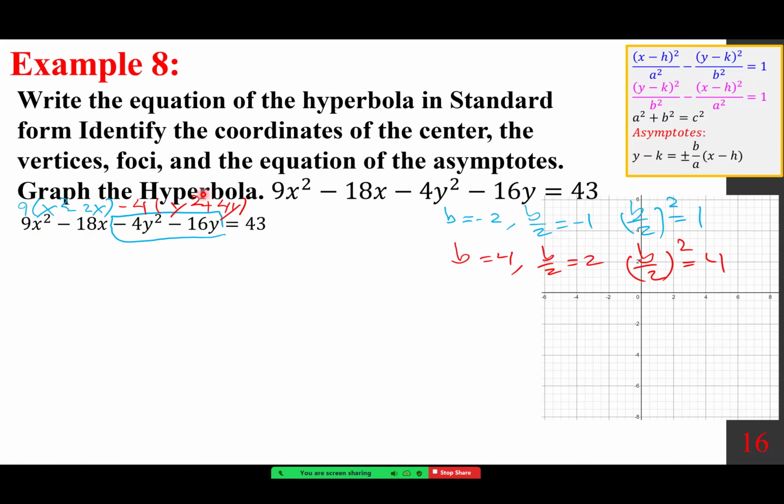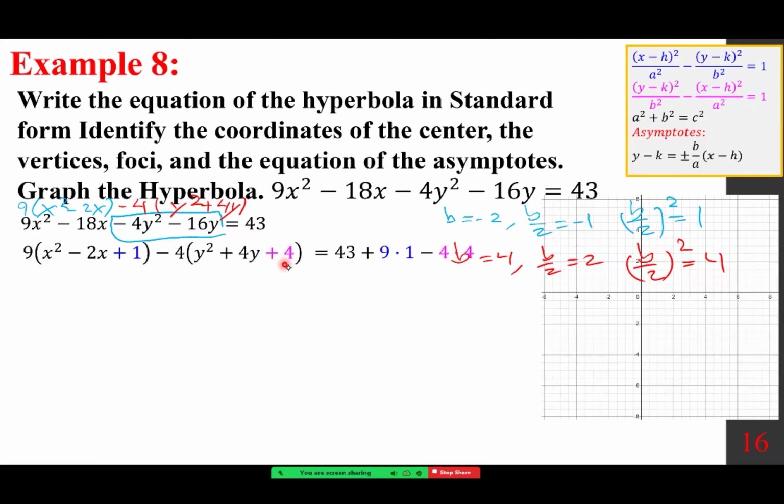You need to add 4 for this one. That means you're adding -4 times 4, that means -16. So again, when you add 1 here, you add 9 to both sides. When you add 4 here, you're adding -16 to both sides. That's the concept. Okay, let me erase my work so you can see that.